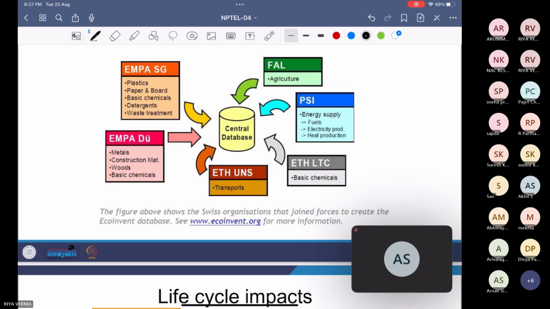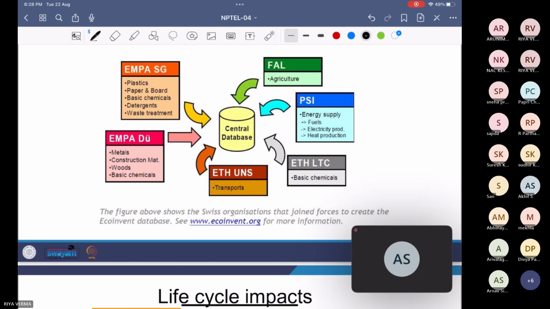First we have EMPASG, which gives the data for the plastics, paper and board, basic chemicals, detergents and waste treatment. Then we have FAL, that gives us the agricultural database. Then PSI gives you energy supply. ETH gives about the basic chemicals, then ETH-UNS gives the data about the transports, and EMPADU gives the data about the metals, construction materials, woods, and basic chemicals.